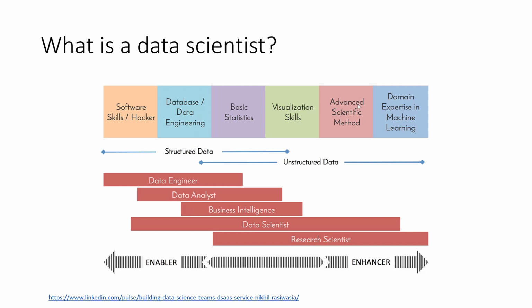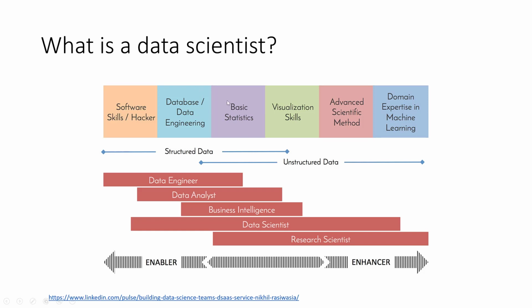They need to know some level of basic statistics. They need to be able to create a simple view of typically or often complex topics. They need to understand some of the advanced scientific method to make sure that they're coming at these things in an organized manner, and they definitely need to have domain expertise in machine learning.